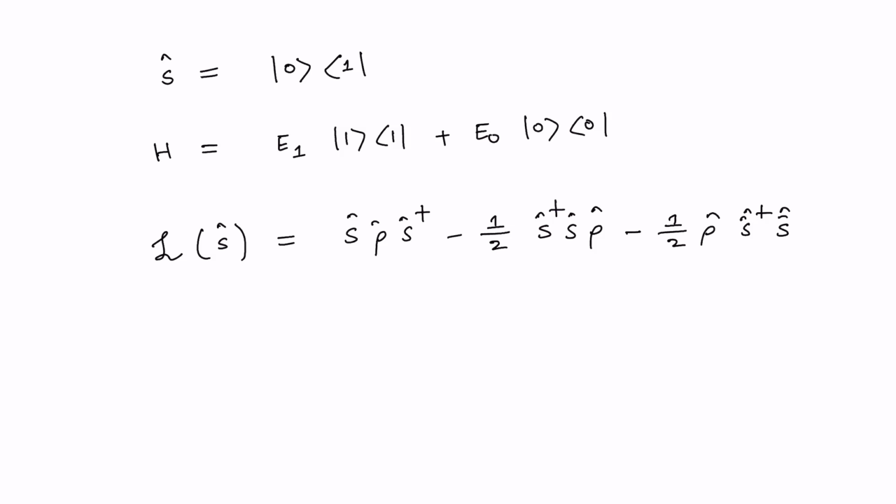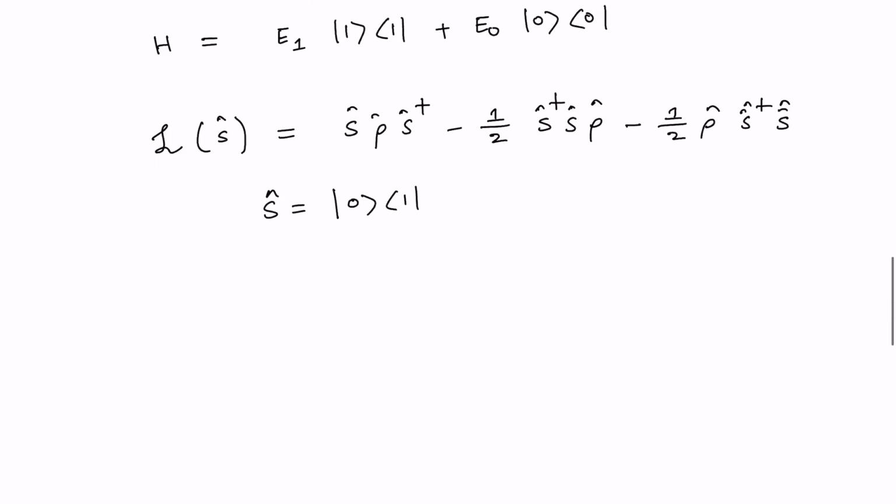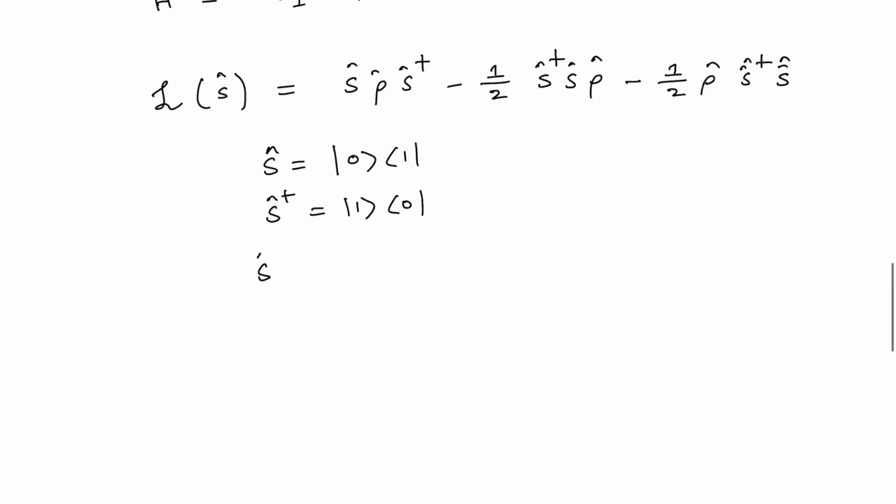Okay. Now because S is equal to ket 0 bra 1, therefore S dagger has to be ket 1 bra 0, and this will give us S dagger S would become ket 1 bra 0 ket 0 bra 1, and because this is normalized, this is equal to 1, right? So therefore we'll have simply ket 1 bra 1.